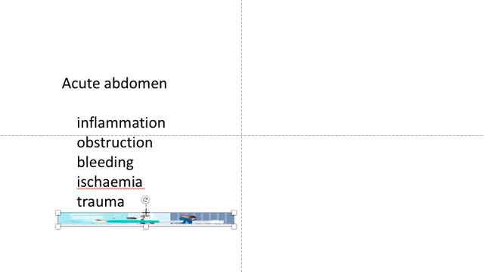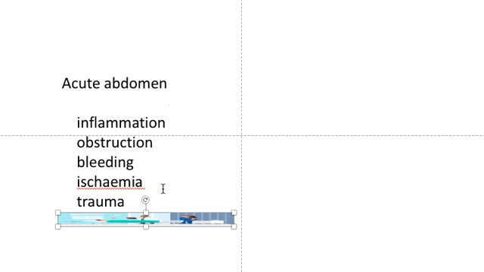The last one is trauma. After trauma, people can present with acute abdomen. But if you revisit your lectures on trauma to the abdomen, the causes for pain in trauma are related to intraperitoneal bleeding, or a visceral perforation leading to inflammatory response. Of course, due to the injury the person can have some pain, but a more generalized pain is usually secondary to these two.